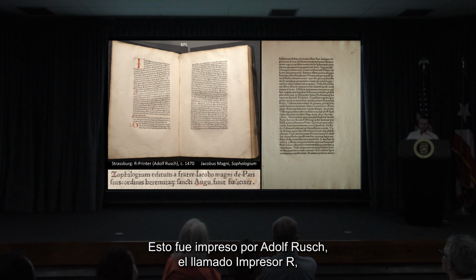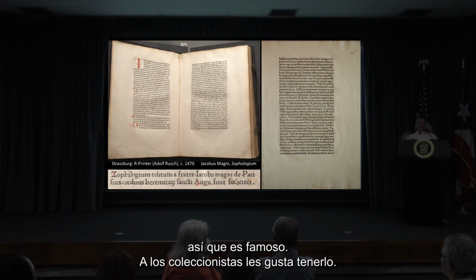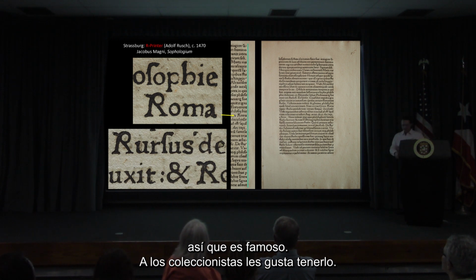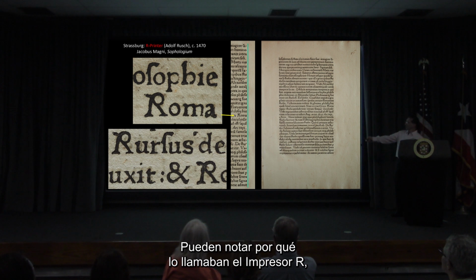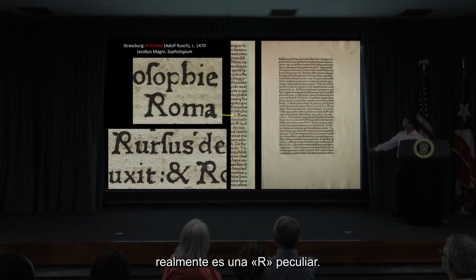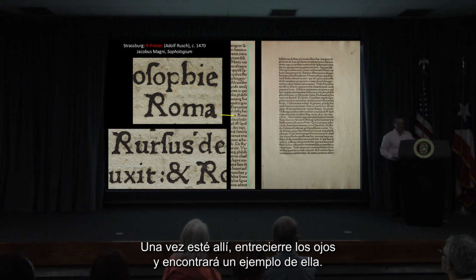This was printed by the so-called R printer. He is famous, and collectors like to have him because you can see why he was called the R printer. It's a really peculiar R. Once you're there, squint and you'll find an example of it.